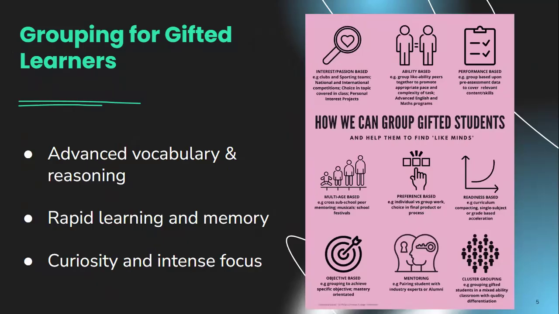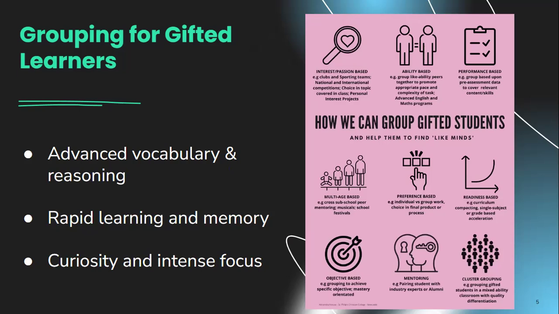Grouping, which we're going to talk about here, can be one of the most powerful or the most misunderstood strategies for meeting the needs of gifted learners. RIM emphasizes that the purpose of grouping should always be to enhance learning opportunities, not to segregate students.